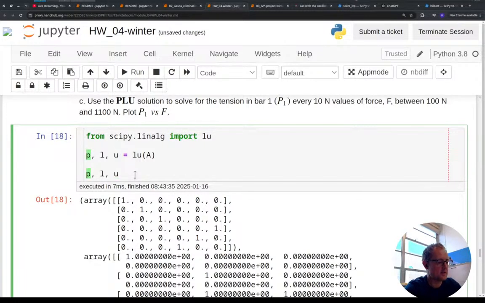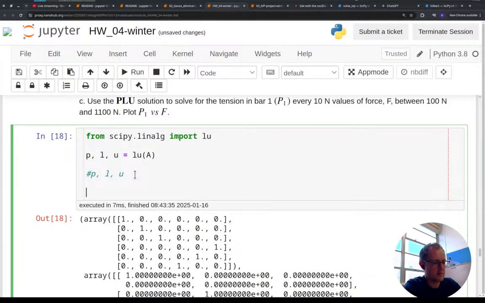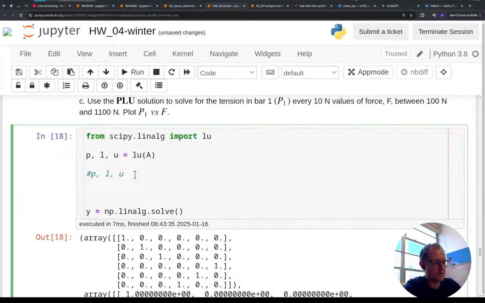One way to do that is we say, when I say A, let's write this out.